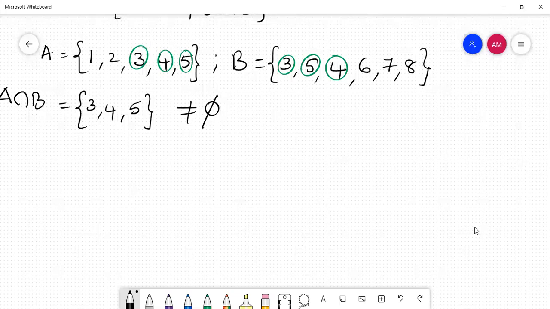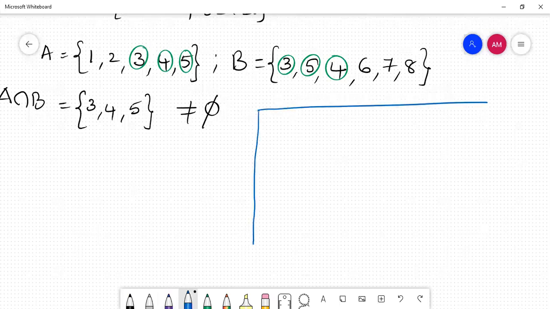For non-disjoint sets, how to draw a Venn diagram? Let us see that. In order to draw a Venn diagram, first we have to draw a universal set and denote this with mu. Clear?